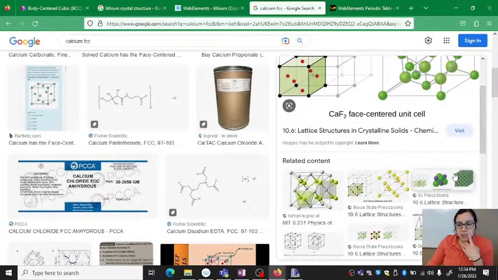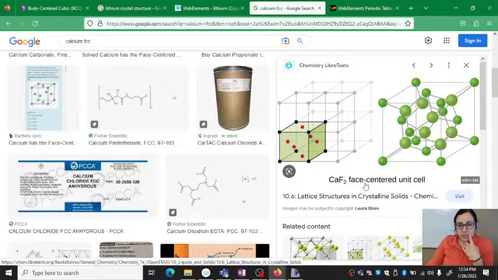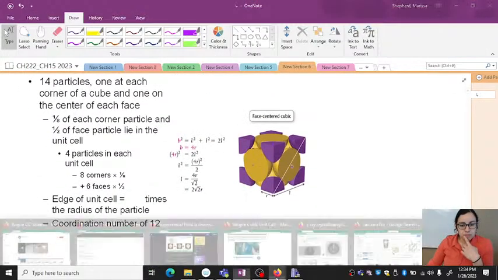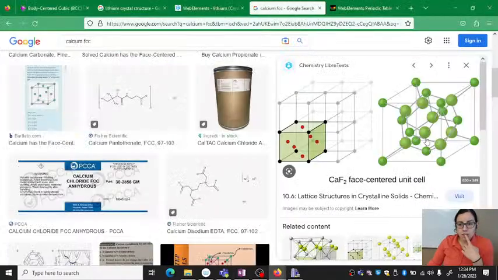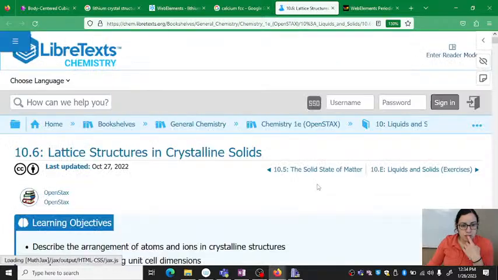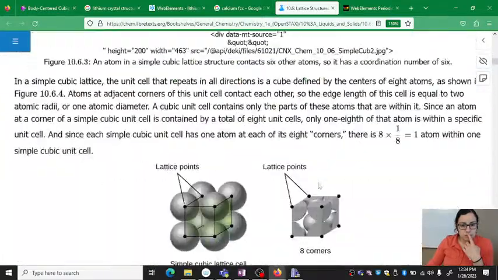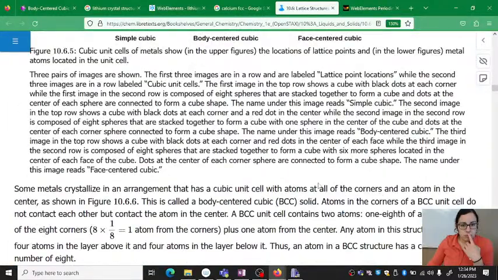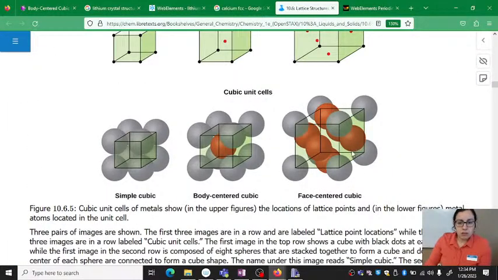I don't like any of these pictures. I was trying to find a better picture of face-centered cubic, but.